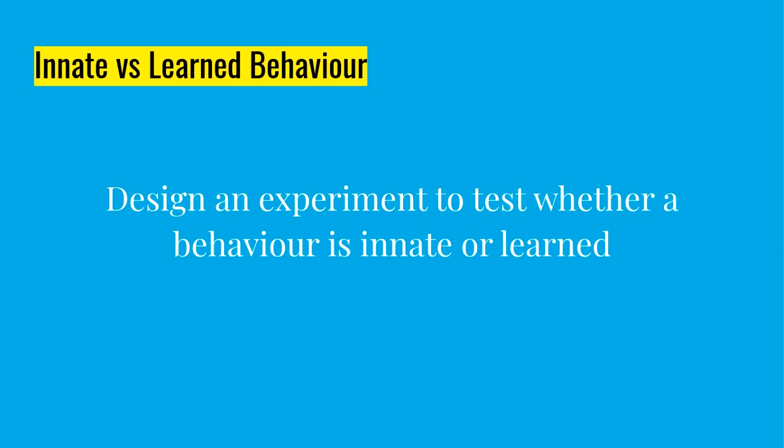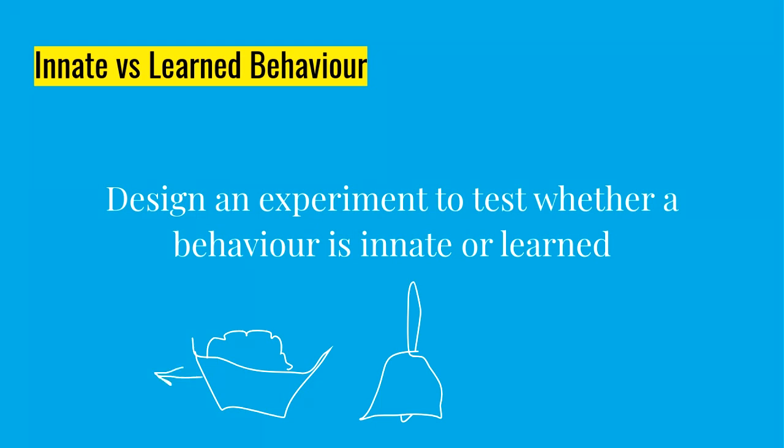So what can we do? Let's say that neither is a behavior that we're able to make them stop. They just do both. It's habitual. Yeah, they're both habits now, but how do we test which one is innate and which one is learned?